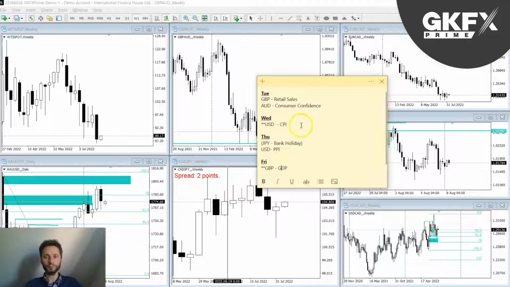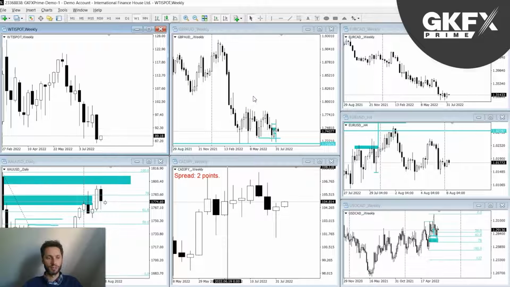So watch out for these two, Wednesday and Friday, and the others are more on the shorter term side in terms of how they'll affect possible trades or any setups you're looking at.